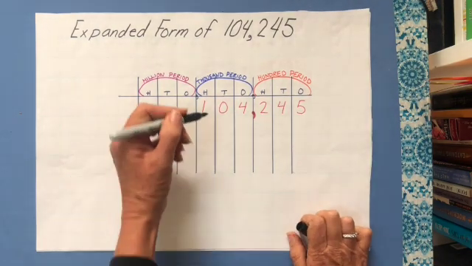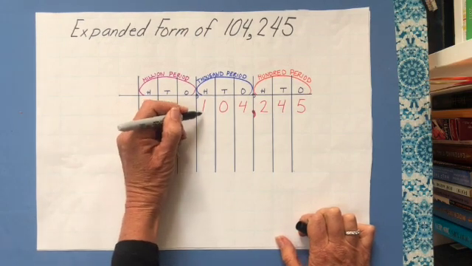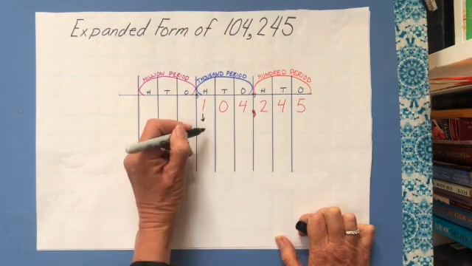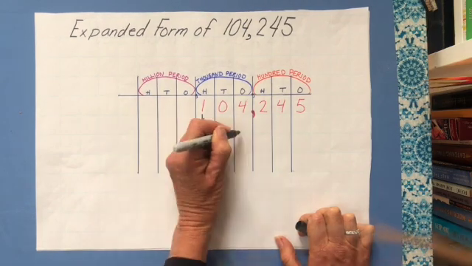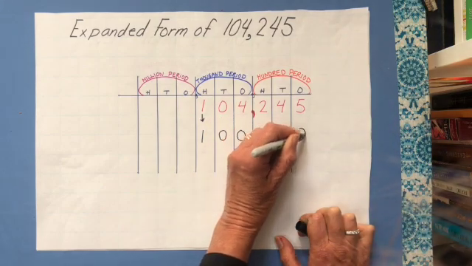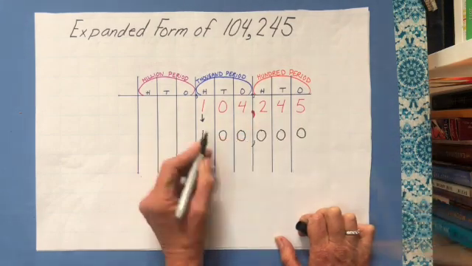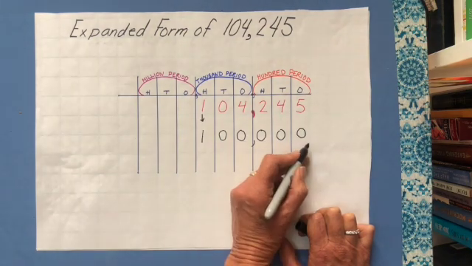When you're expanding a number, you're just finding the value of each digit. So this ones digit is really worth 1, and then I'm going to change all the other digits to a 0. And then I find that the value of this 1 is really 100,000.